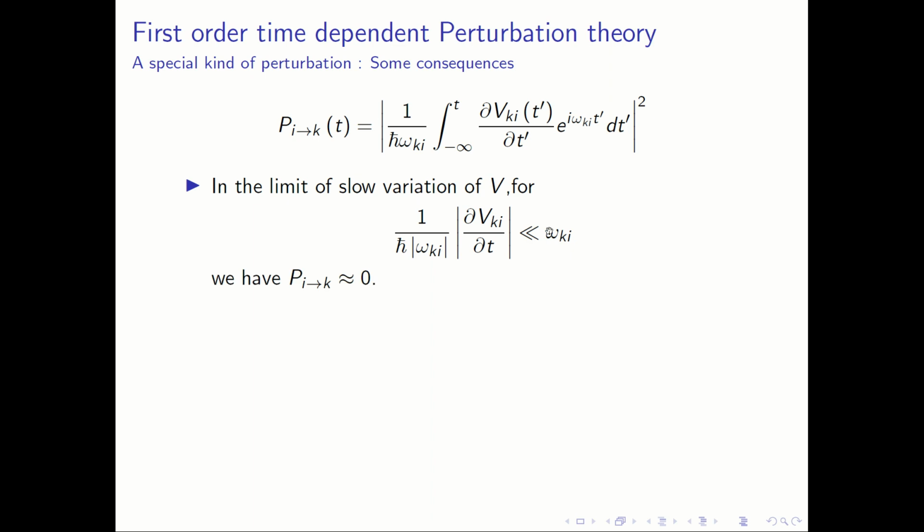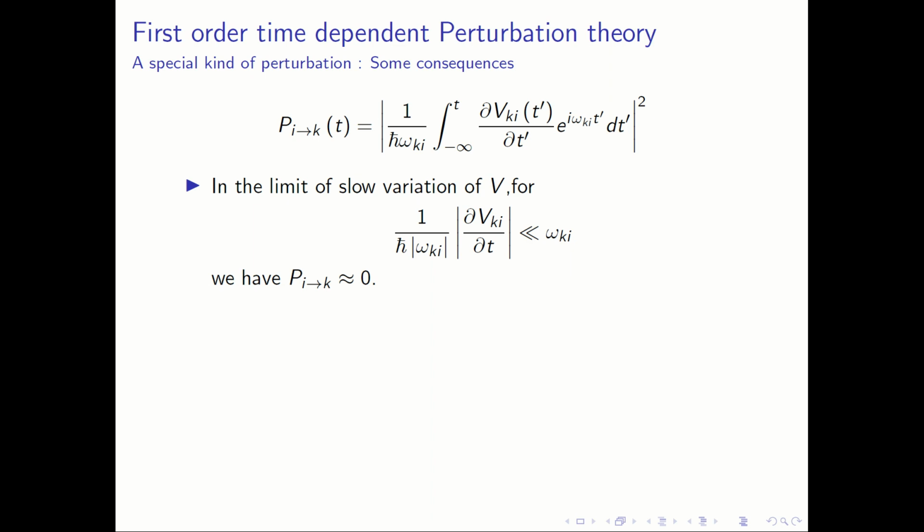And this is a special case of a more general result. This shows that if you start in the ith state and have a very slow variation in the potential, so that the Hamiltonian changes very slowly to another finite Hamiltonian, the probability of a transition to any other energy level is very small.